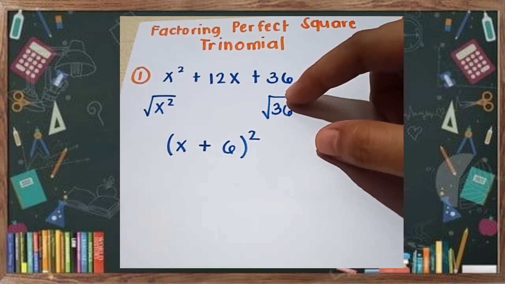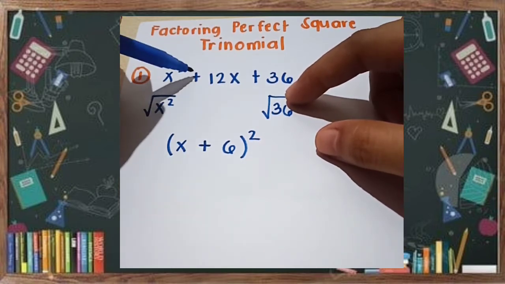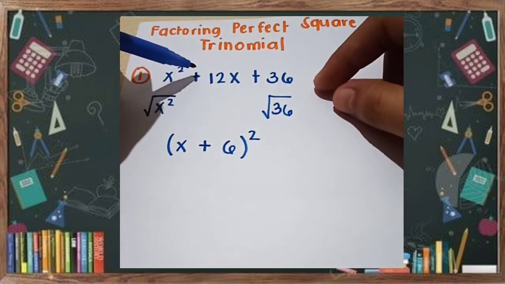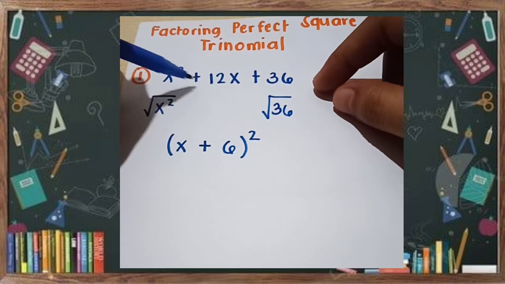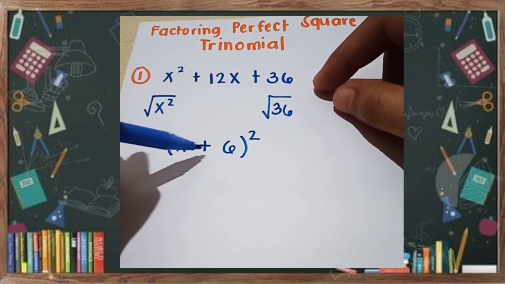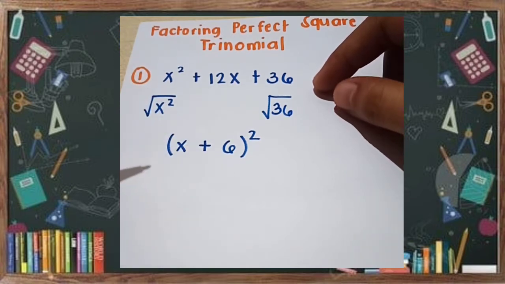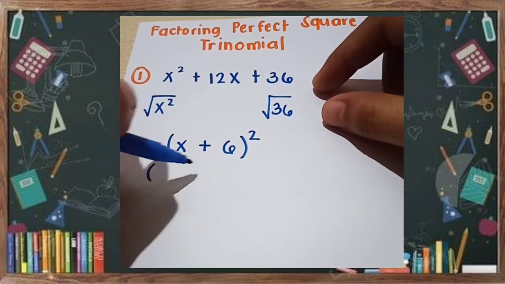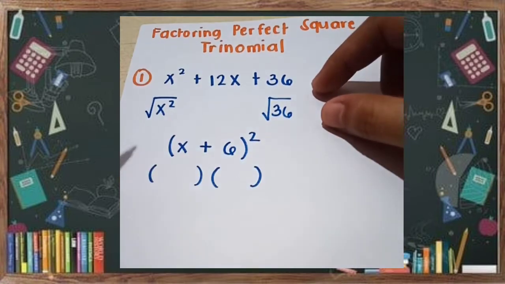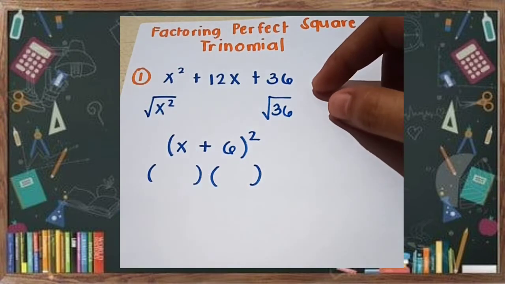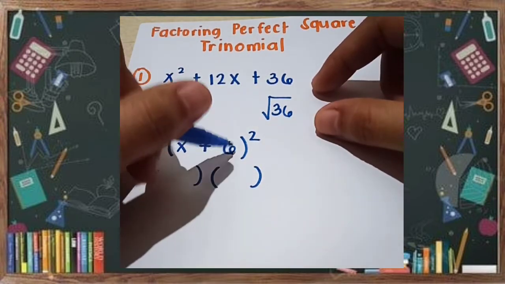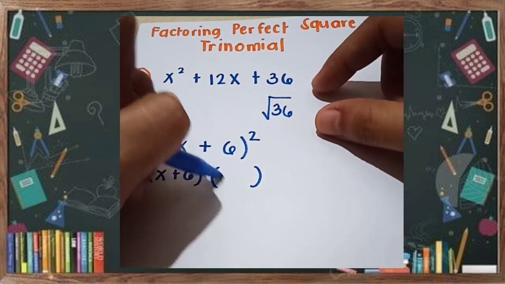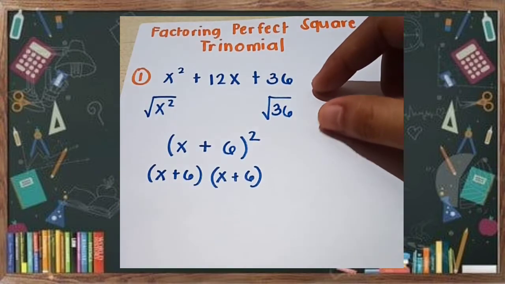Okay, so may isa pang palatandaan. Kapag yung nakikita nating sign dito sa middle term, kung anong sign ng middle term, yun ang sign ng ating square of a binomial. Okay, so therefore, ang factors ng ating perfect square trinomial ay x plus 6 squared or x plus 6 times x plus 6.